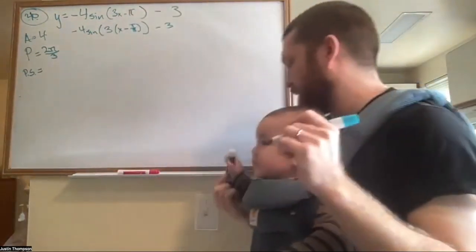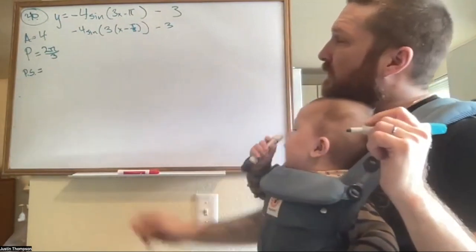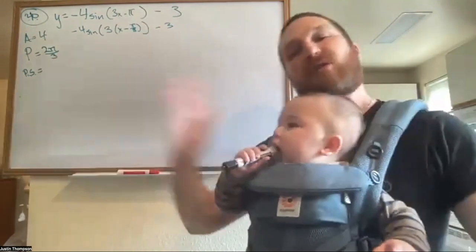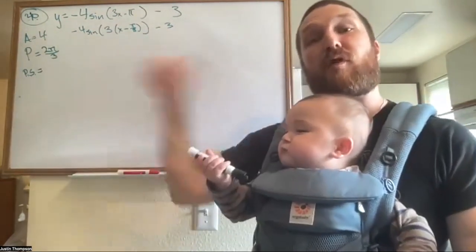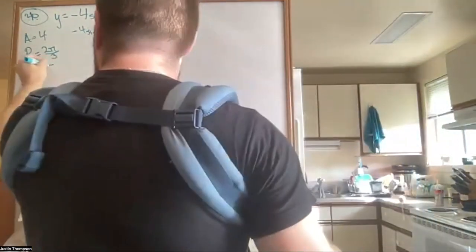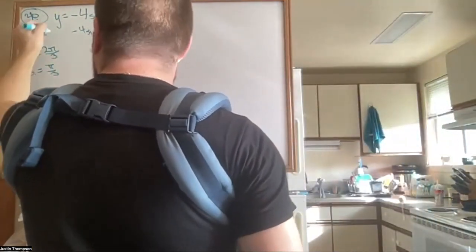And we can see the phase shift is the negative of that, or if you think about where this thing is going to get shifted, it would be shifted to the right, and it would end up at pi over 3. So the phase shift is pi over 3.